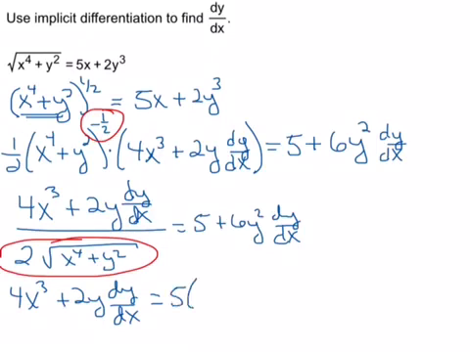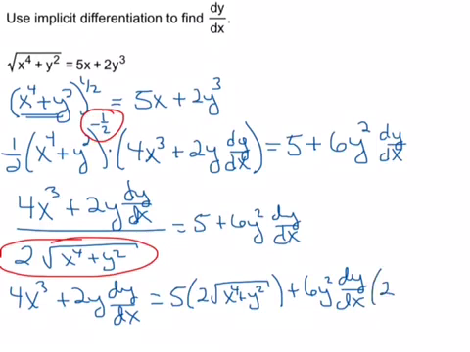So 5 times 2 square root of x to the fourth plus y squared, plus 6y squared dy/dx times the quantity 2 square root of x to the fourth plus y squared. Honestly, in this problem, the algebra is worse than the calculus.